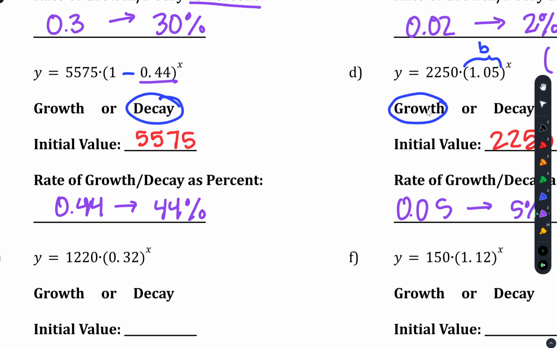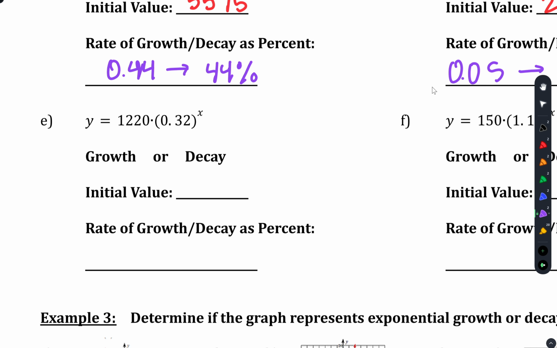It gets worse when we do subtraction, so let's pay close attention here. Growth or decay? Decay because it's smaller than 1. Initial value, 1,220. Then what is the rate here? It is not 32%.